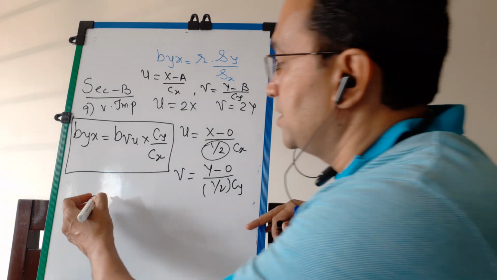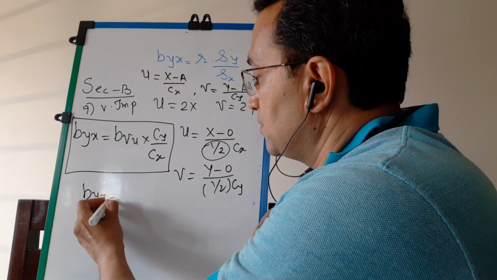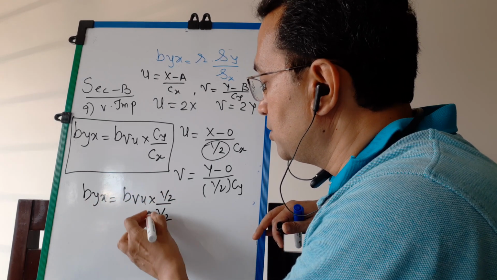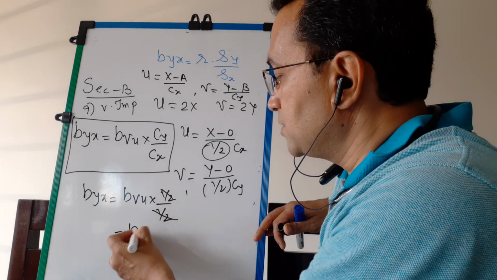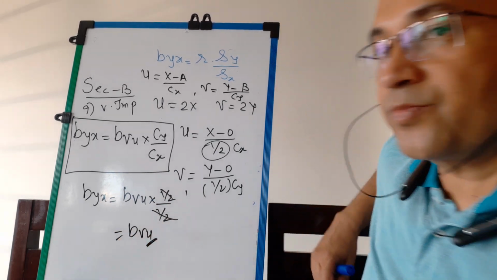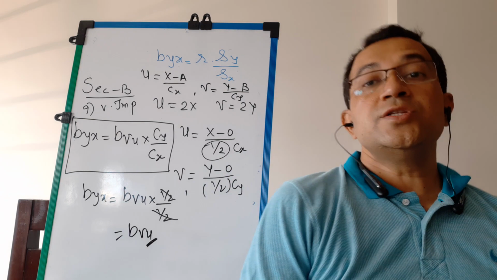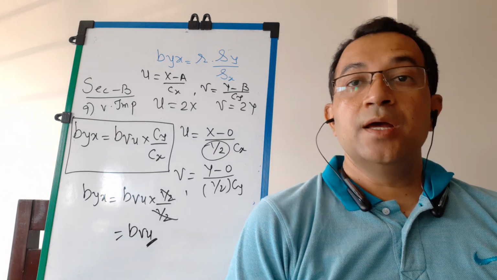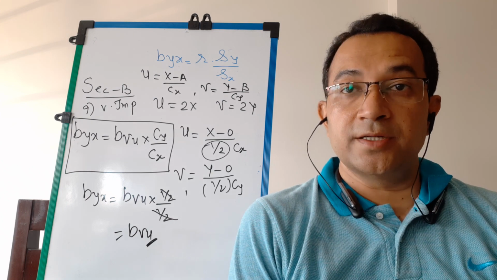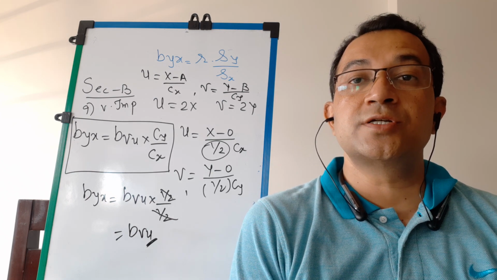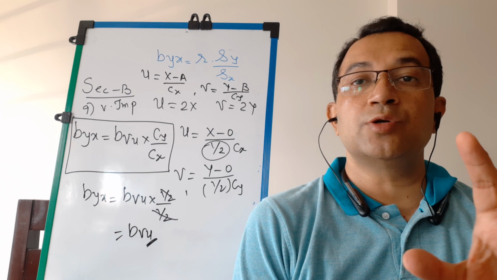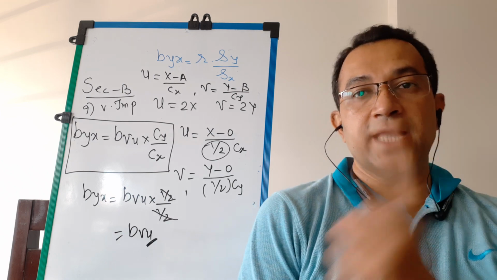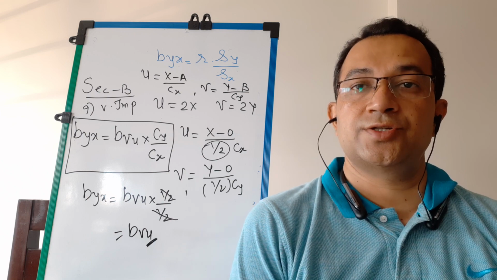So byx is equal to bvu into 1 by 2 upon 1 by 2, 1 by 2, 1 by 2 cancel. So this will be same as bvu. So b won't change. b does not change. But if one variable was doubled and another variable was tripled, say u is equal to twice x and v is equal to thrice y, students, in that case b would have changed.